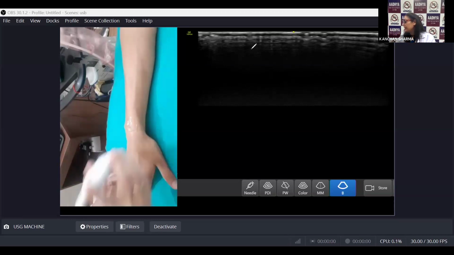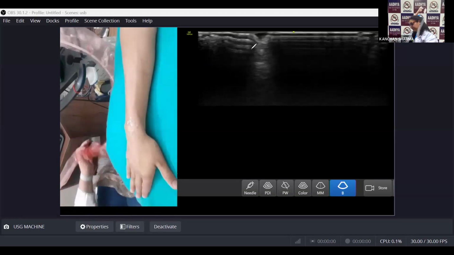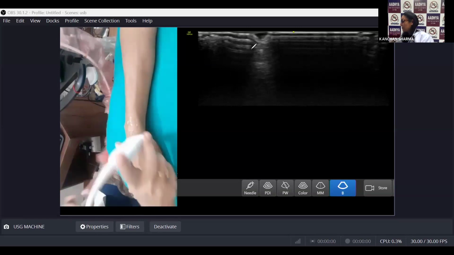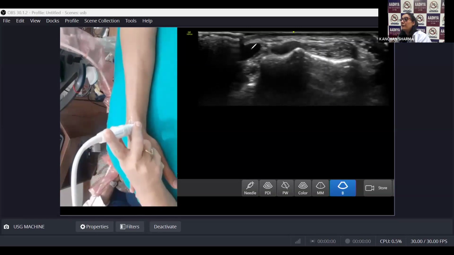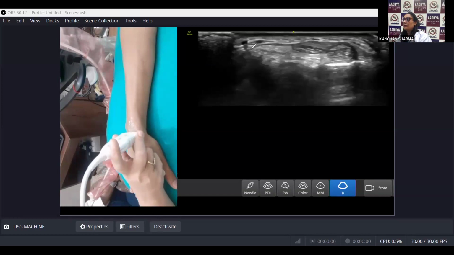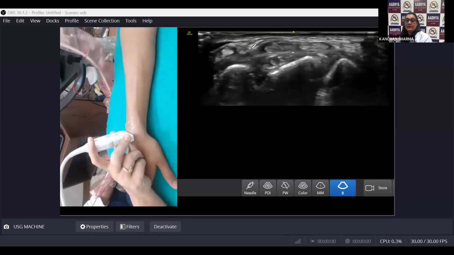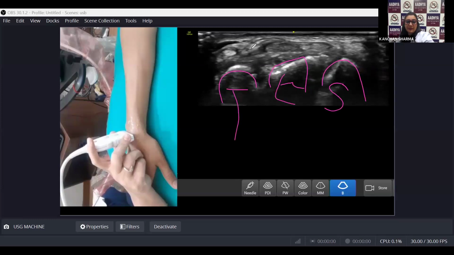So now you know this much, that this is the Lister tubercle. And from the Lister tubercle, if you are going down, this is your scaphoid, this is your lunate in the center, and triquetrum: S, L, T.